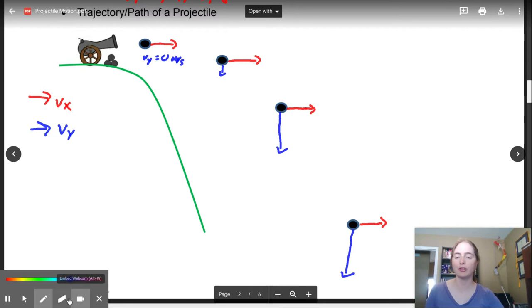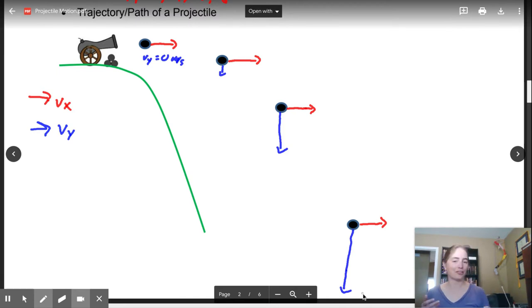I'm going to draw that arrow a little bit bigger so it's a bit more obvious. Okay? Because when you accelerate, your velocity is going to increase or decrease as time goes on. In this case, our velocity is increasing, so you need to have bigger and bigger arrows.